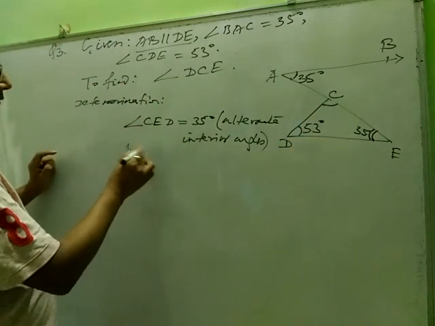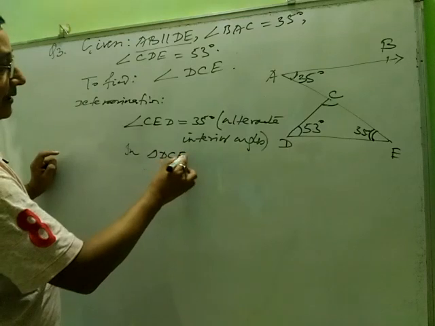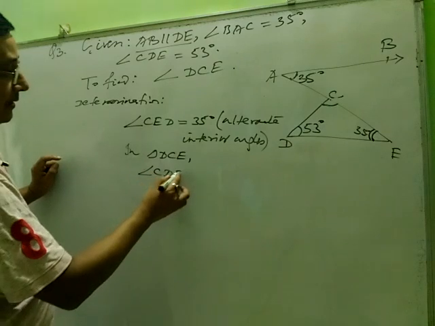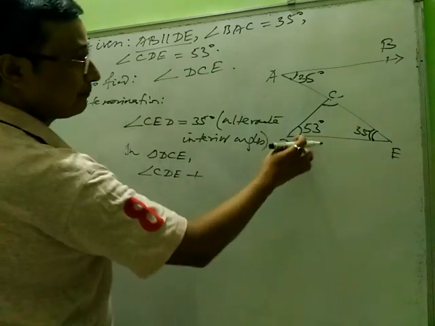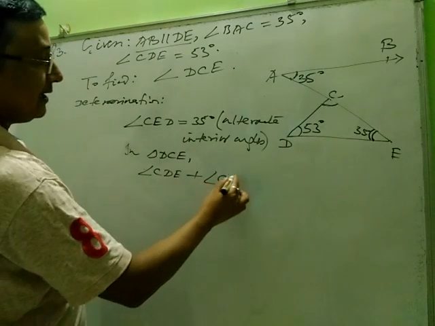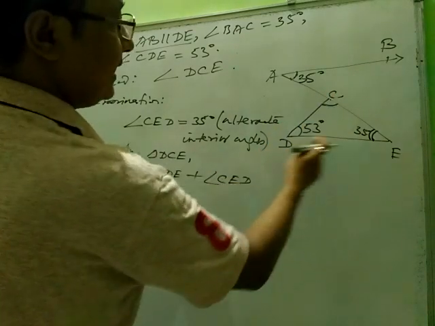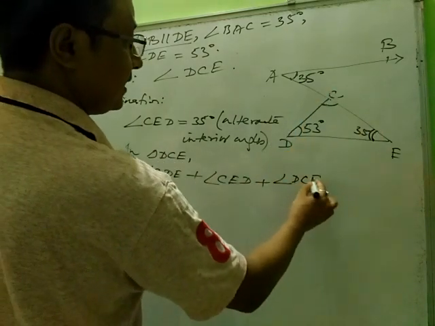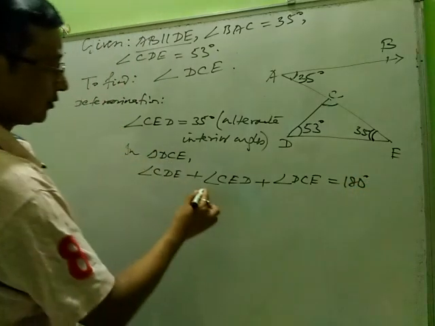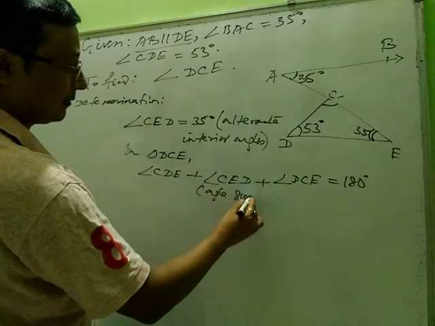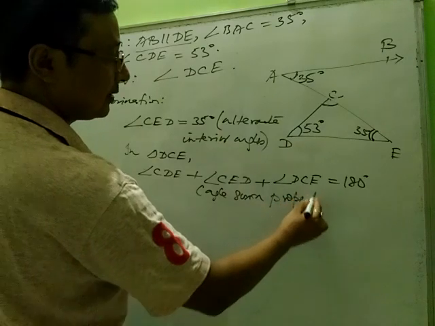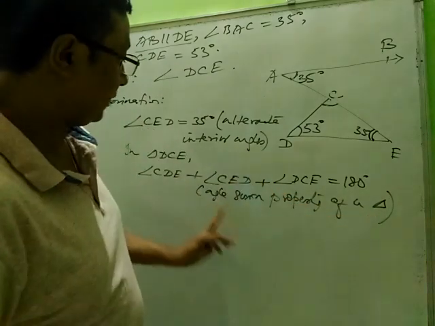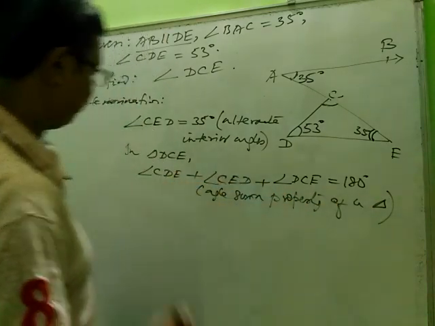Now in triangle DCE, angle CDE plus angle CED plus angle DCE equals 180 degrees. The reason is the angle sum property of a triangle.